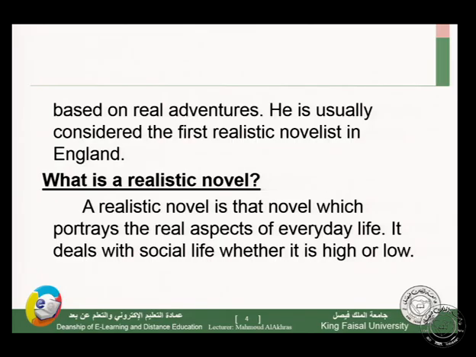What is a realistic novel? We are going to see this kind of novel and realism in writing fiction. A realistic novel is a novel which portrays the real aspects of everyday life. It deals with social life, whether it is high or low.